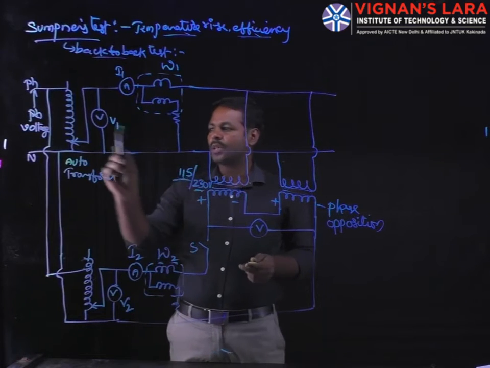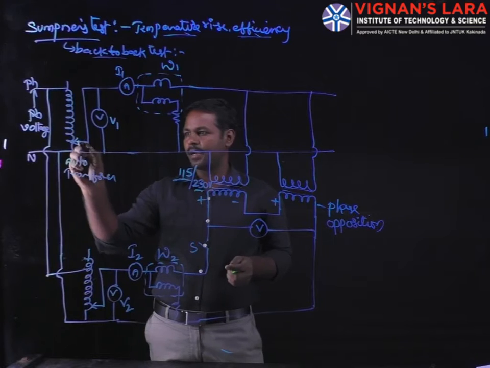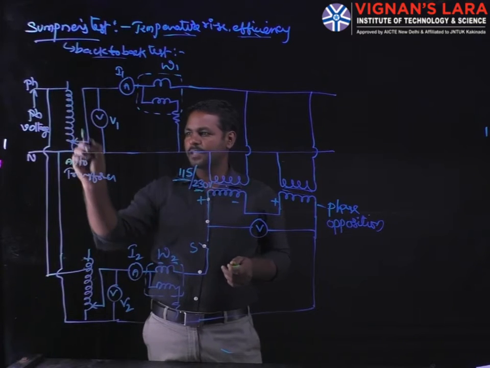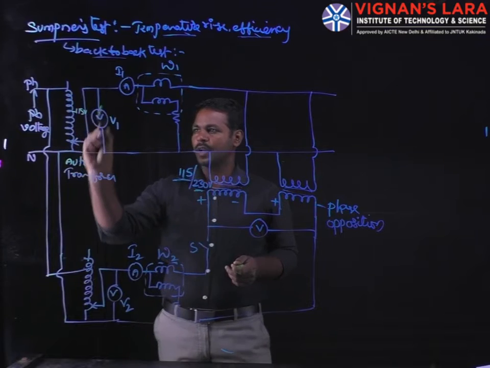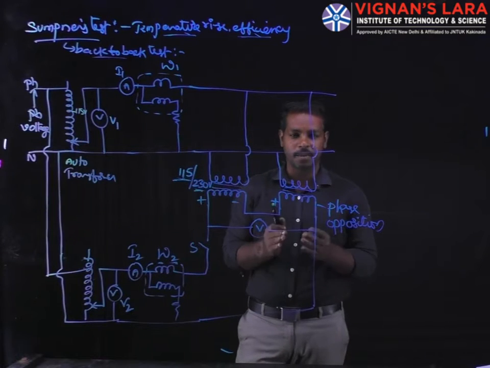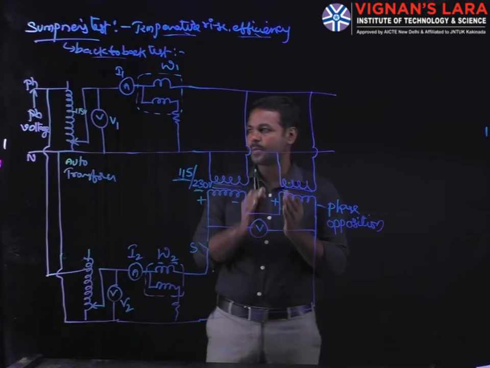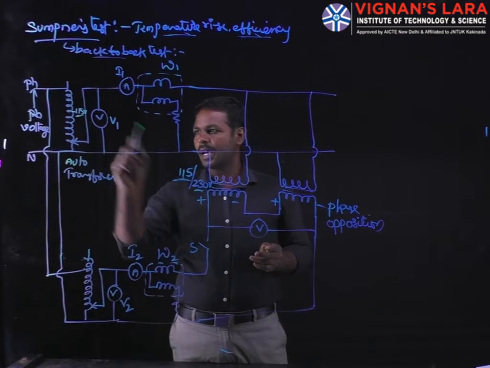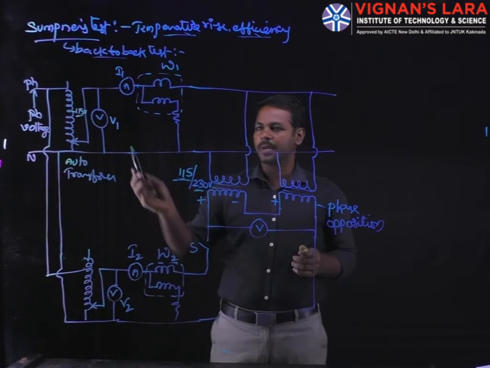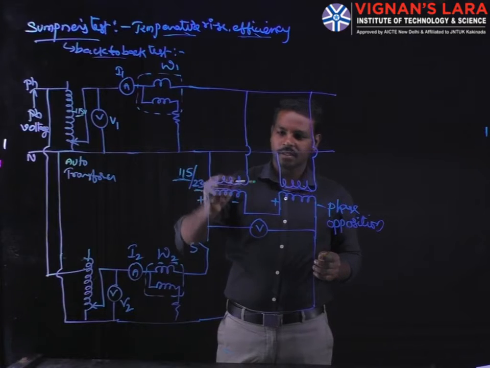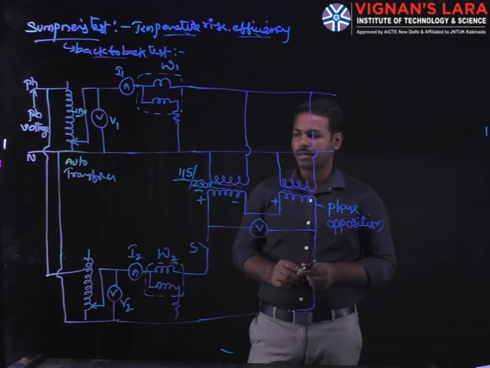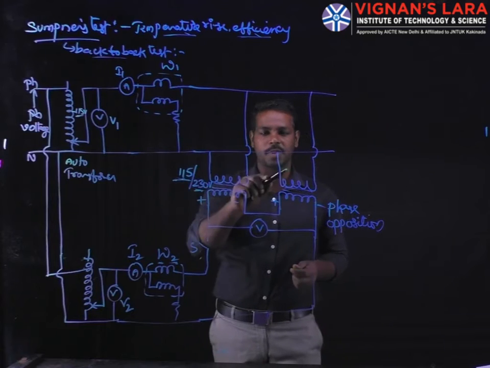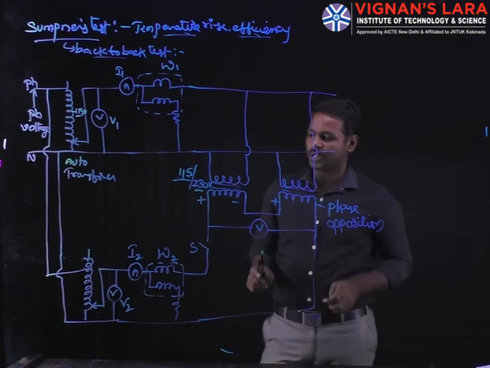So the rated voltage of the primary of the transformers is applied by varying the auto transformer from 0 to 115. Because the two are in parallel, the required voltage is applied across the primaries of both the transformers.